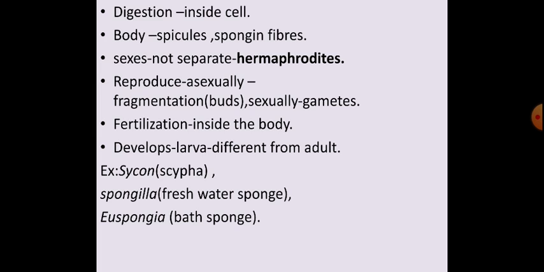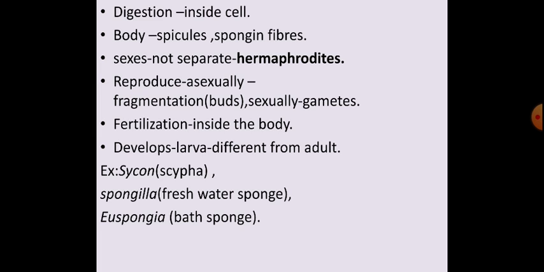The young one or larva of a butterfly is called a caterpillar. First it becomes a worm, then it becomes a butterfly. In the same way here also, first the sponge will develop into a larva, then that will develop into an adult. The larva is a small young one, which is different from the adult. That larva then will develop into an adult.